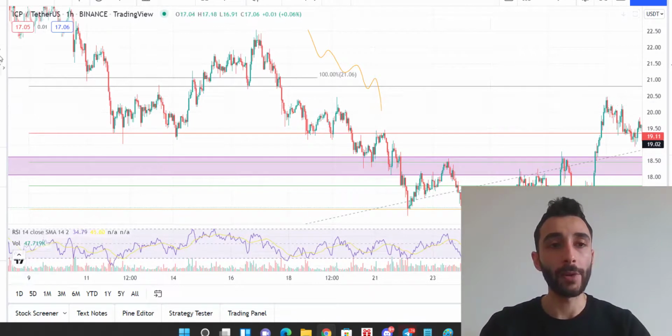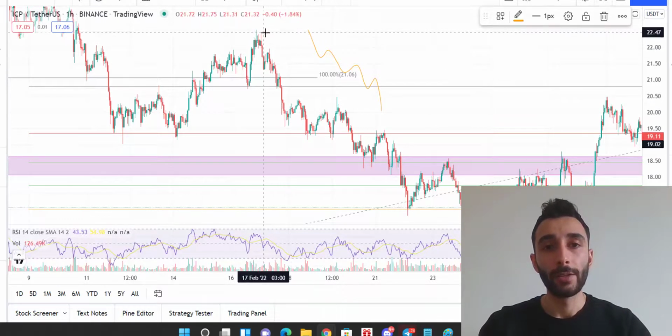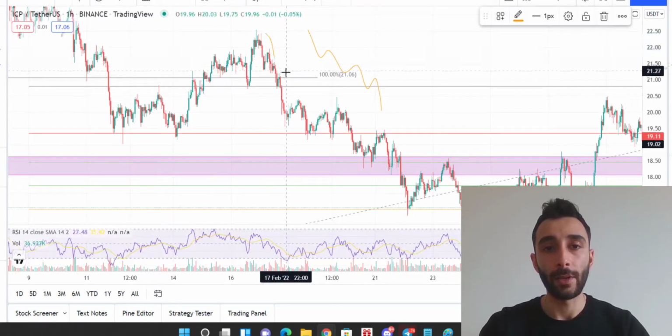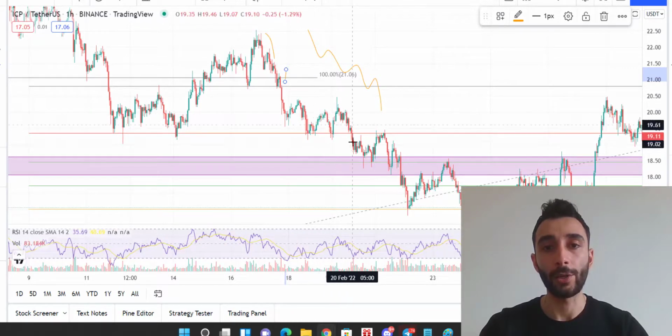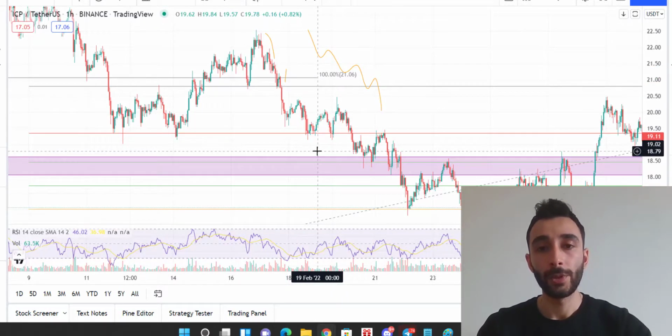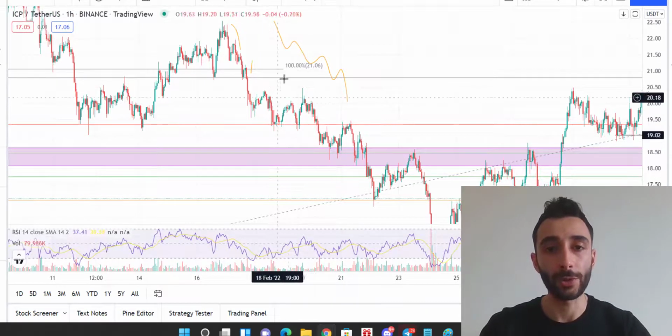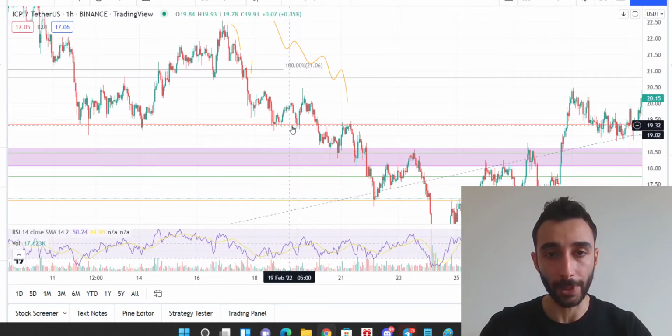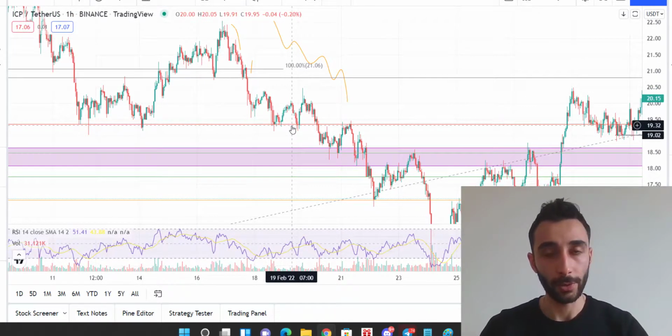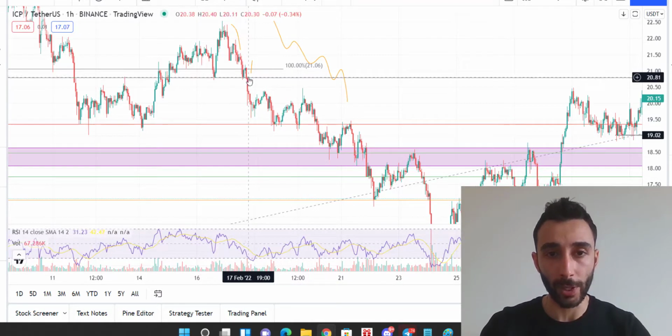Now, what we have right here is a lower high, lower high, lower lows, lower highs, accumulation, boom. Now, you came and you wanted to short this market. Are you going to short this market right here? No. Are you going to short this market right here?